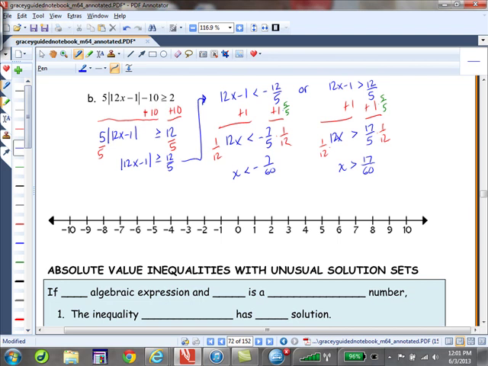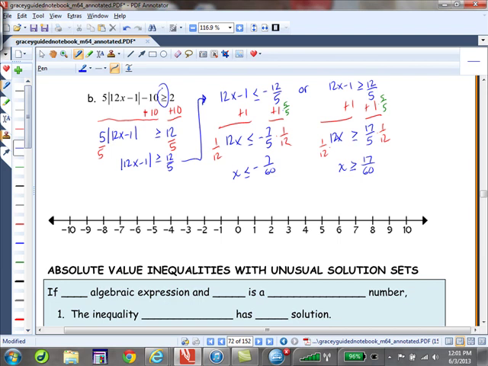So negative 7/60 is a little bit smaller than negative 1/10. Oh, and I apologize, these should have all been or equal to. I forgot to have the or equal to from here.